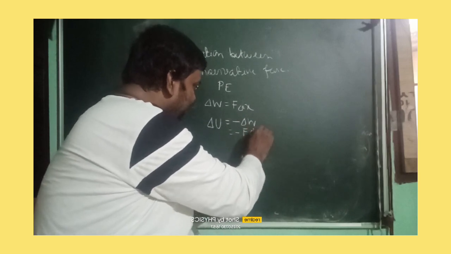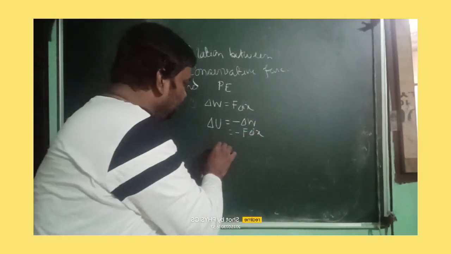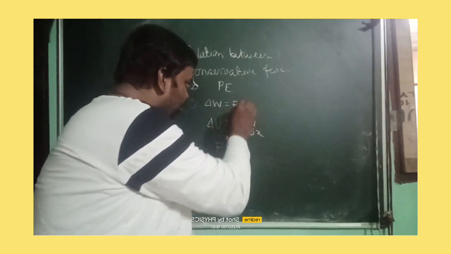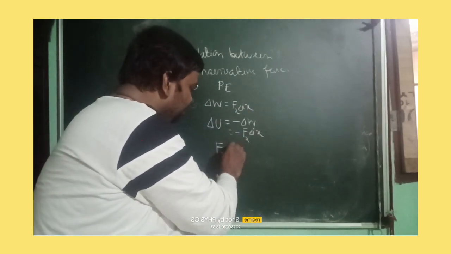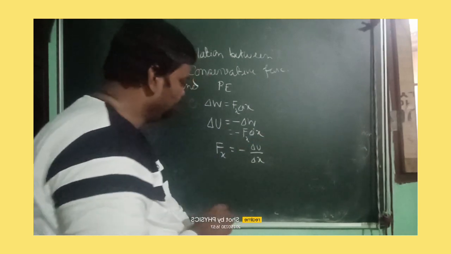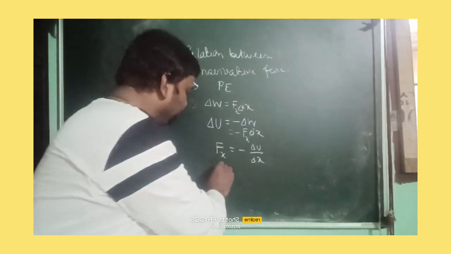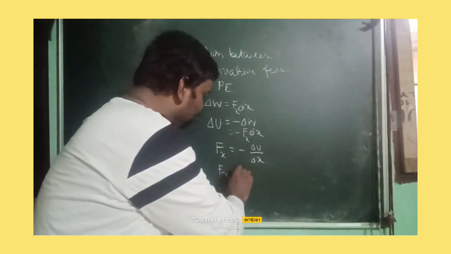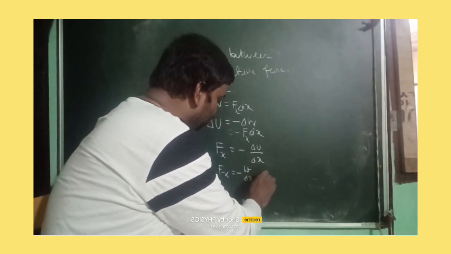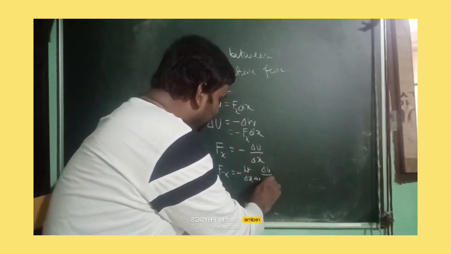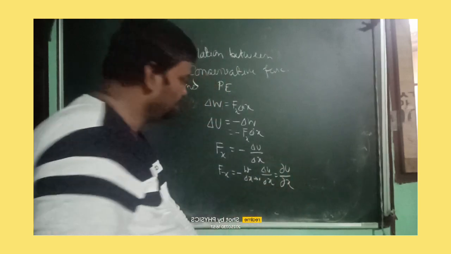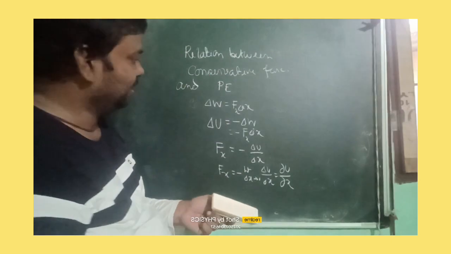Here Fx, along the x-axis, is equal to minus delta U by delta x. Now taking the limit, Fx is equal to minus the limit of delta x tends to 0 of delta U by delta x, which is equal to minus del U by del x.